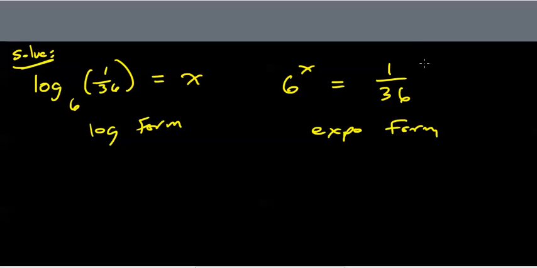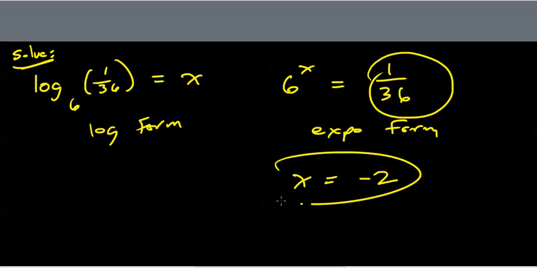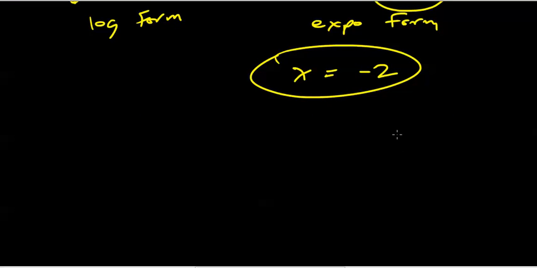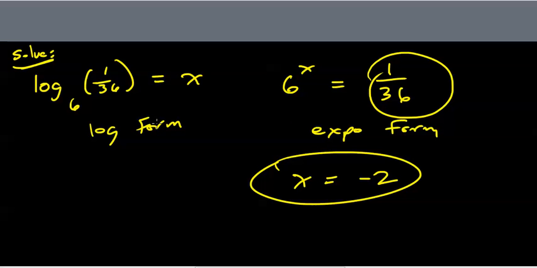Of course, we'll recognize 1/36 as 6 to the minus 2 power. So x equals minus 2. Minus 2 is the exponent I put on 6 to get 1/36. So the log of 1/36 base 6 is minus 2.